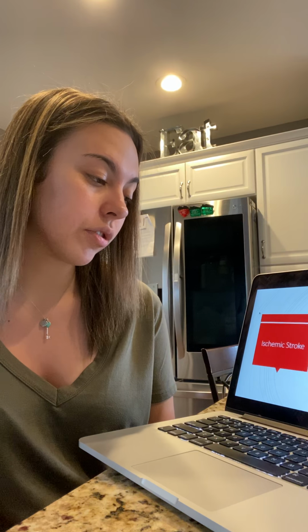The other type of ischemic stroke is embolic, and this occurs when a blood clot or cholesterol plaque wanders into the brain and becomes trapped inside an artery. A cholesterol plaque could be if you have bad cholesterol, and that could be from eating fatty foods such as burgers, steak, anything like that. This stroke often results from heart disease or heart surgery and occurs rapidly and without any warning signs.